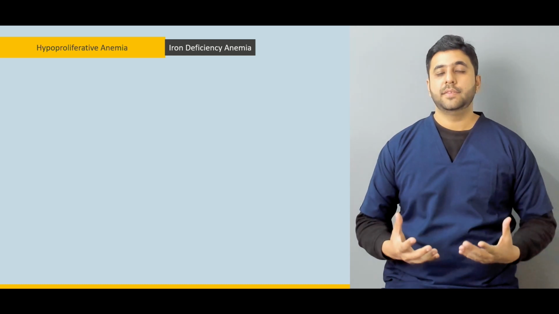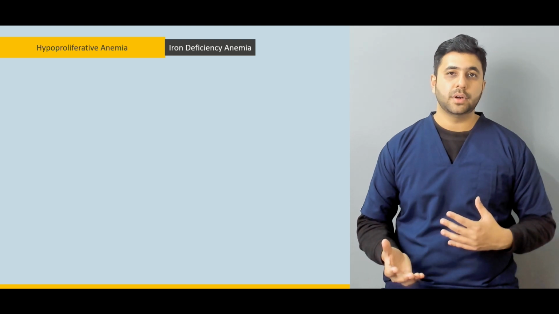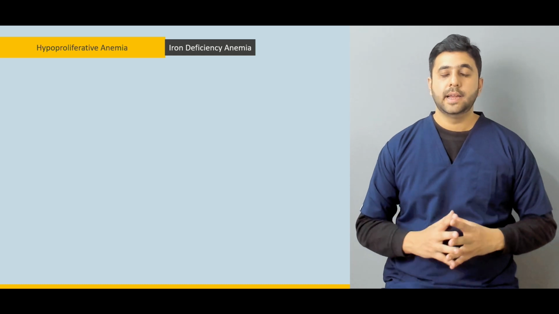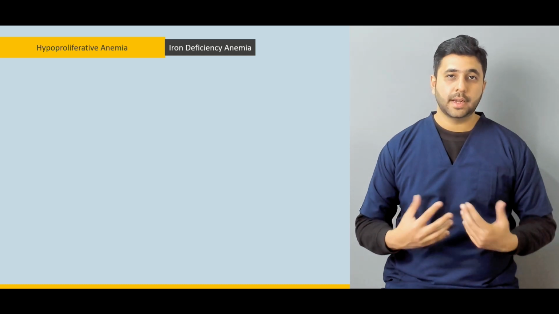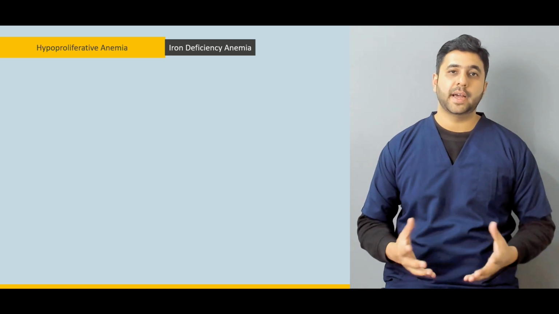The body very strictly regulates iron because any increased quantity or toxicity of iron can be very hazardous for the body. In fact, there is no regular mechanism for the release or excretion of iron in the body.